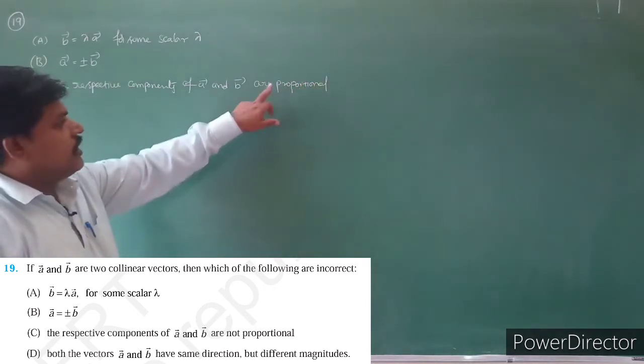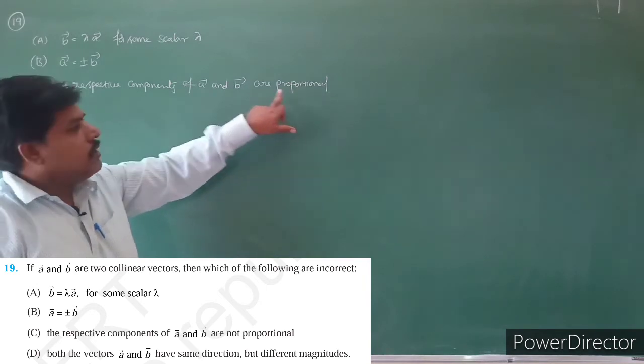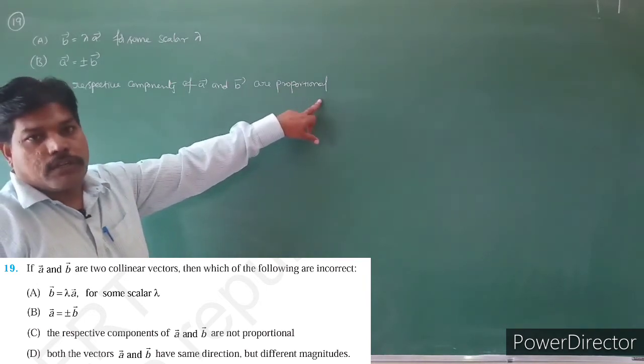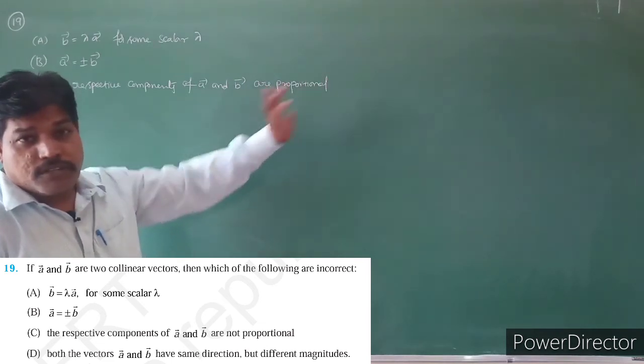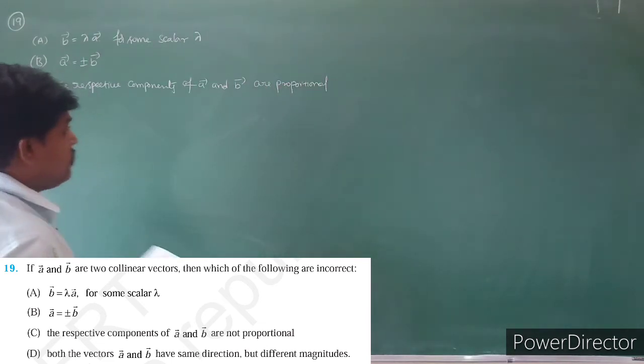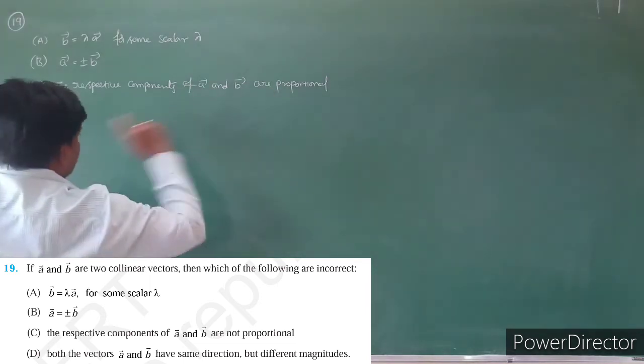So change this option here. Not proportional is given in the textbook, so change that one to are proportional. Not proportional is printed there, so change that question. That is the option: are proportional. Okay.